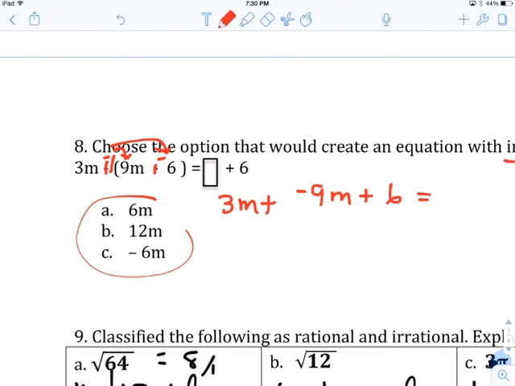That equals just what number plus 6? 6m plus 6. So the missing number is 6m. Then you have infinite solutions.